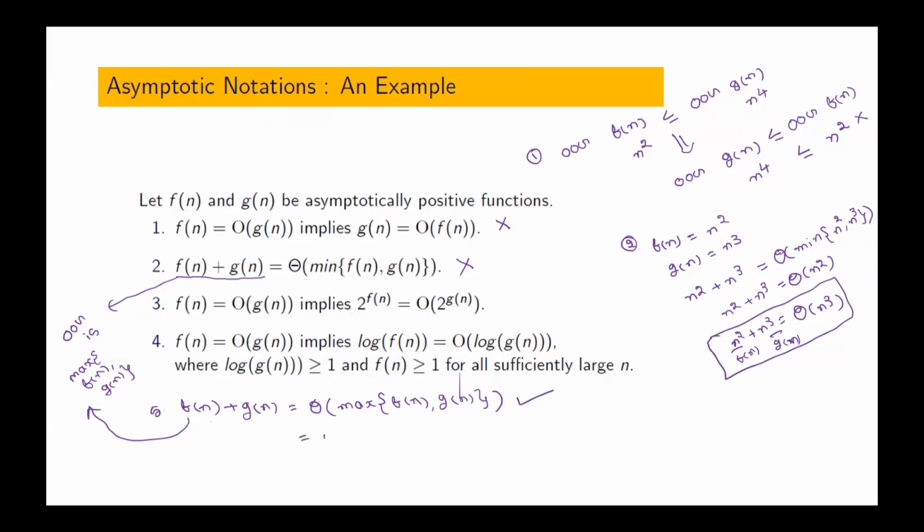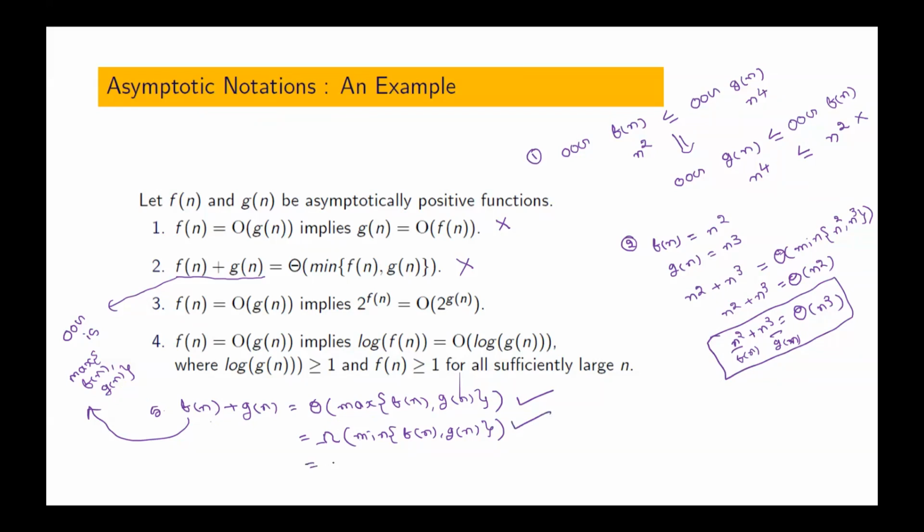Instead of this, if it is given big omega of minimum of f of n comma g of n, is this true or not? Yes, it is true. Because its order of growth is the same as maximum of f of n comma g of n, and here they are saying it is greater than or equal to the minimum. Definitely it is true. Hence it is true.